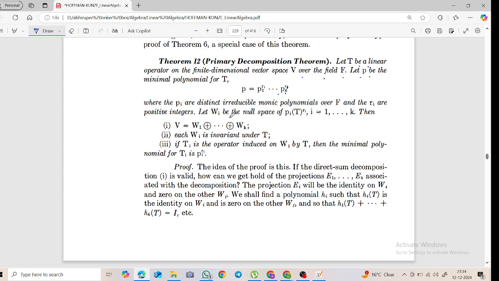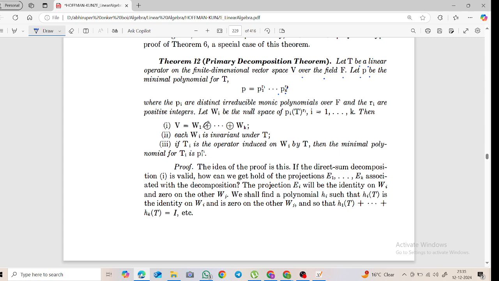Let Wi be the null space of Pi(T) to the power Ri. Then V is W1 direct sum W2 up to Wk.